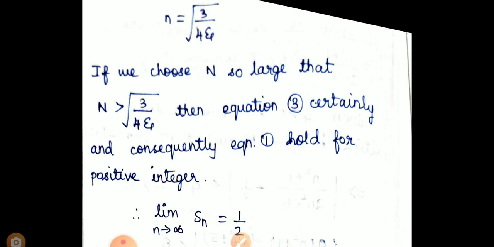So it has a limit of 1 by 2 only. If you substitute any values in that, it has a limit of 1 by 2. It should not exceed that 1 by 2 value. So we have the limit as n tends to infinity, Sn equal to 1 by 2.